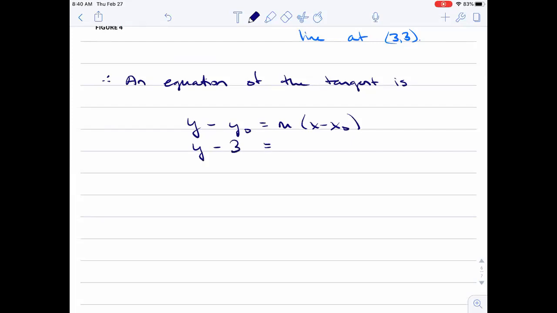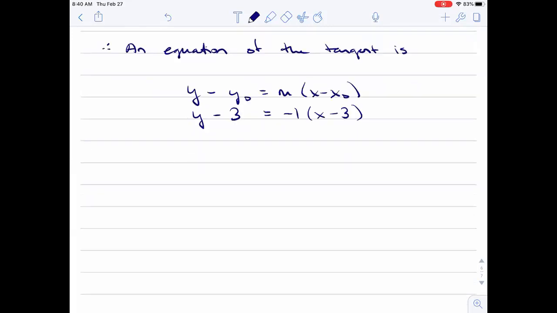Y minus 3 equals -1 times x minus 3. So I get y minus 3 is -x plus 3. So y is going to be -x plus 6.